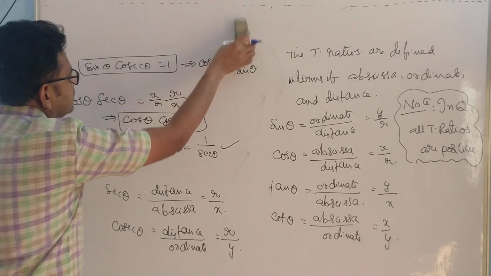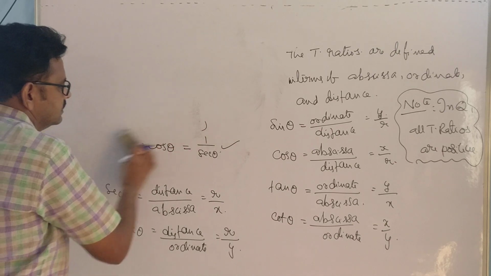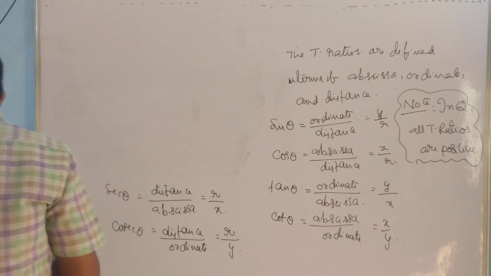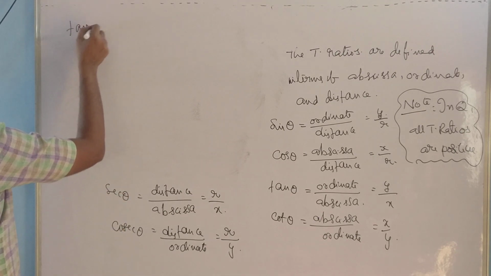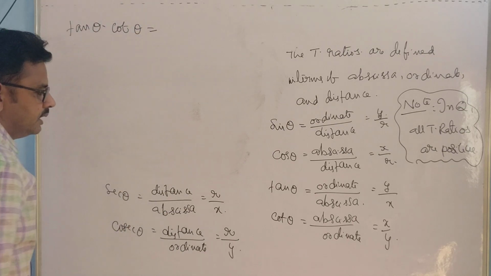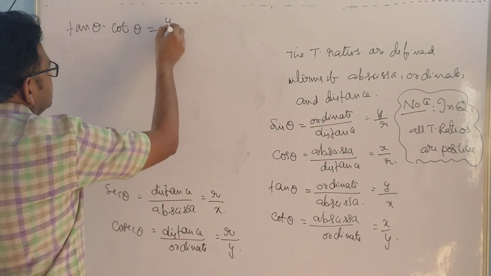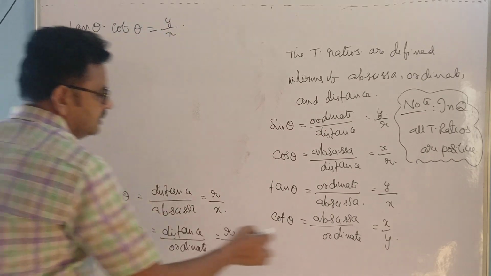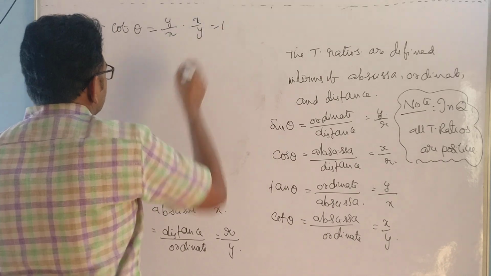And tan theta into cot theta, where tan theta is y by x, into cot theta, x by y, is equal to 1.